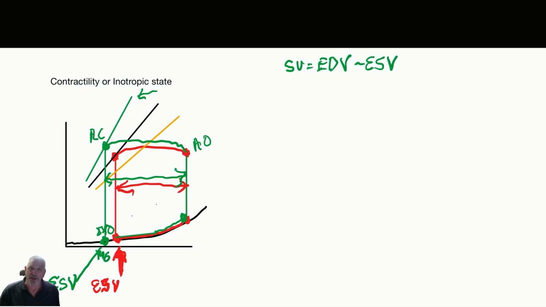So it's the width of the pressure volume loop. And what we see is that the width got bigger because we were subtracting a smaller number from end diastolic volume, and therefore stroke volume goes up when contractility increases. So that's it for inotropic state. Let's move on to preload.